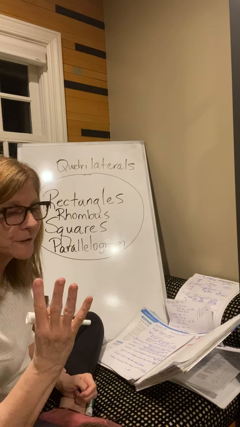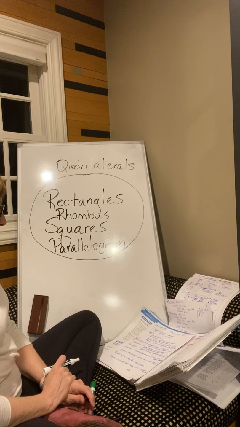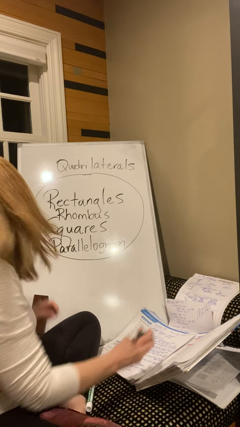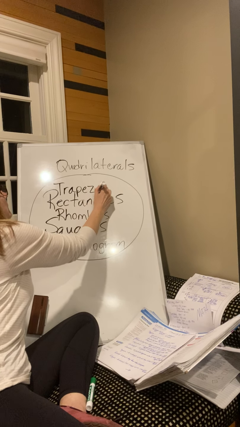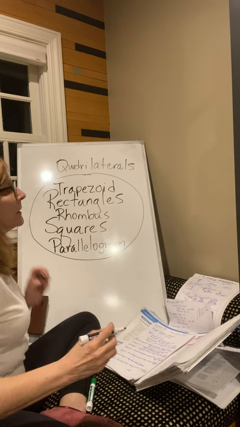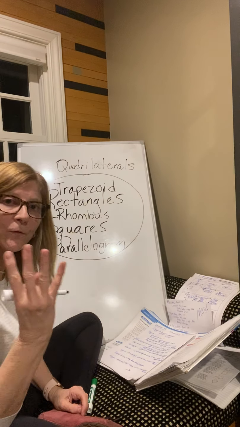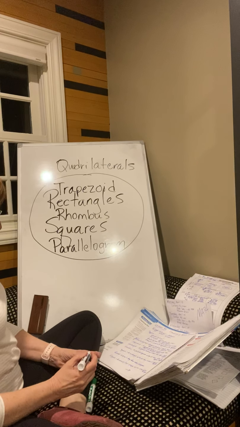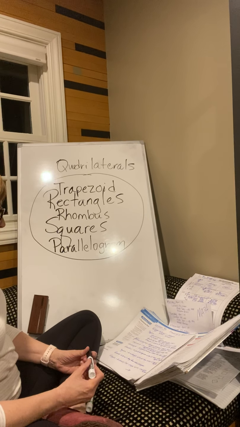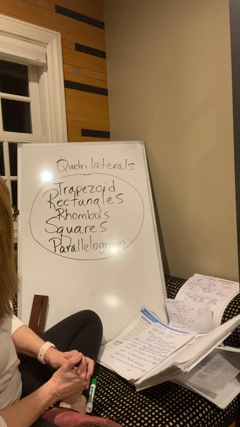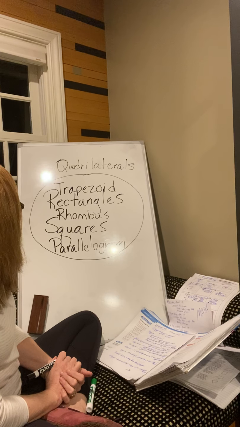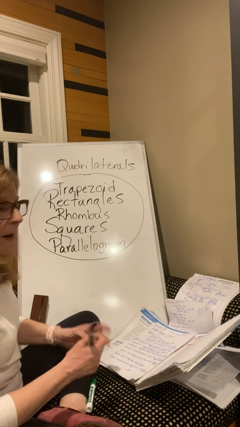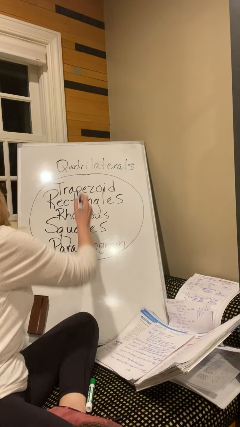It has 4 sides. A trapezoid is a quadrilateral. It has 4 sides. I think that is all we're going to talk about today. We might throw in a kite too. Why not? We can throw in a kite.